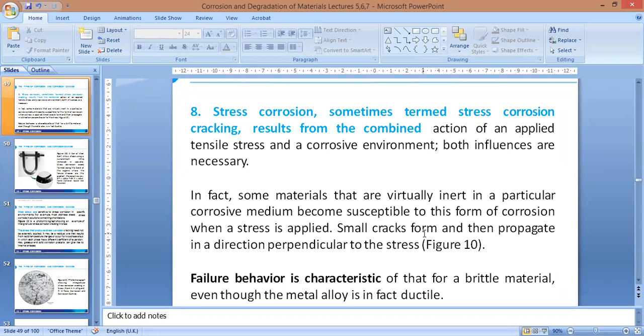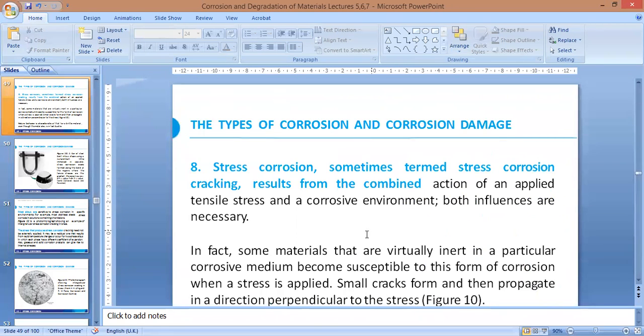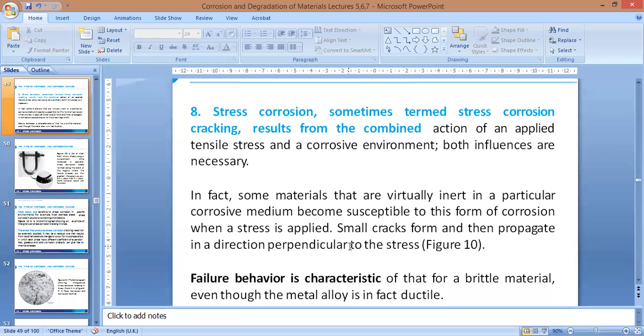So small cracks form and then they propagate in a direction perpendicular to the stress, forming a failure. The failure behavior is characteristic of a brittle material, even though the metal alloy is in fact ductile.